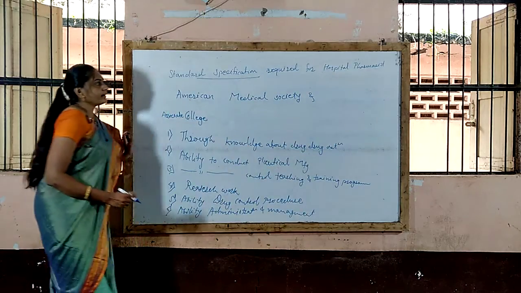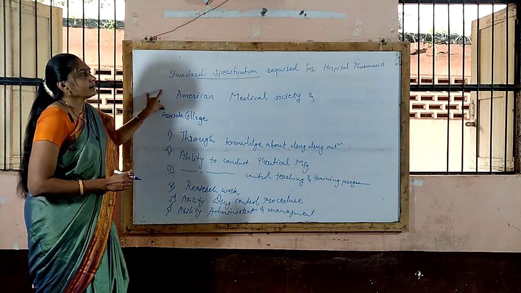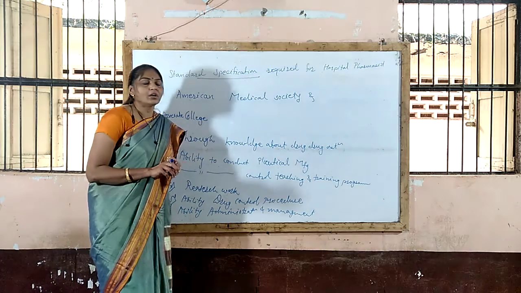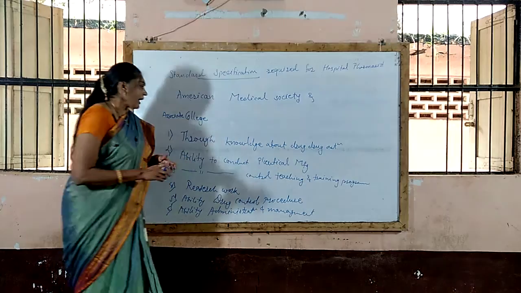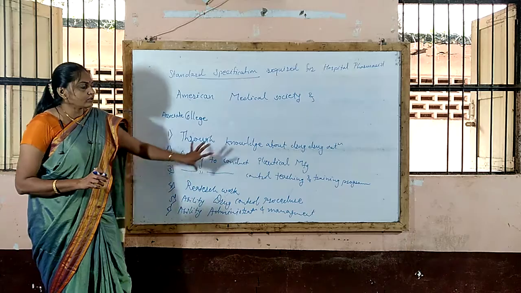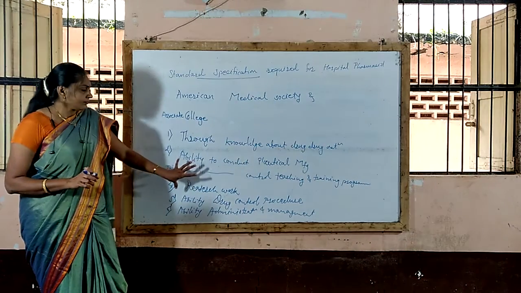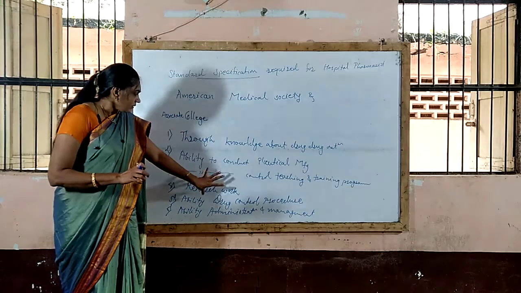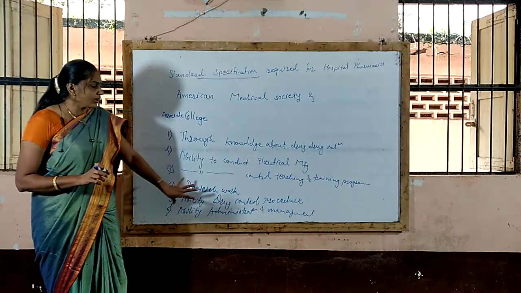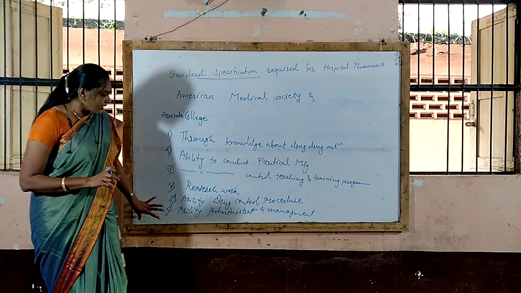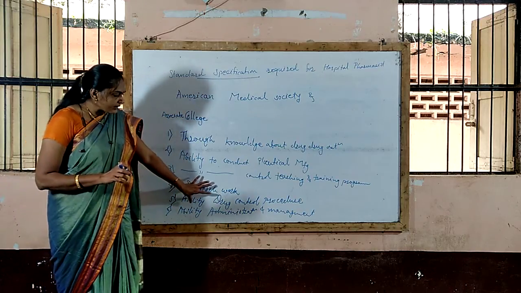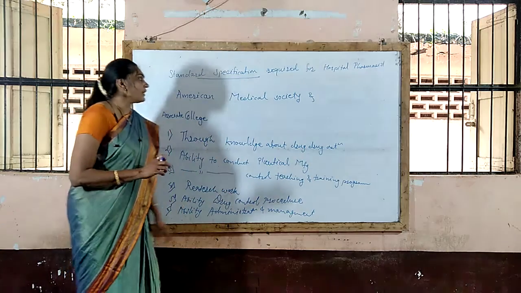These are several standard specifications that are required for hospital pharmacists. That is, the pharmacist must have thorough knowledge about drug action, ability to conduct pharmaceutical manufacturing procedures, ability to control teaching and training program, then ability to conduct a research work inside the hospital pharmacy, ability to control drug procedures, and ability to maintain the hospital, that is involving inside the administration as well as management.